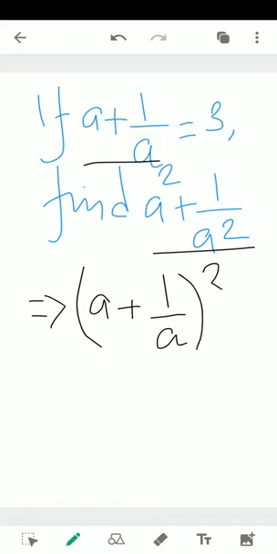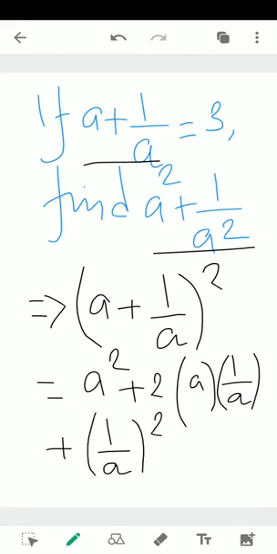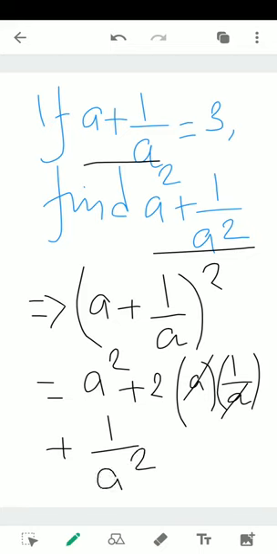So I can write this one as a square plus 2, I'm using the formula of (a plus b) whole square, so a into 1 by a, plus (1 by a) whole square. I can cancel a, so (1 by a) whole square I can write as 1 square, which is 1, over a square. So what did it become?